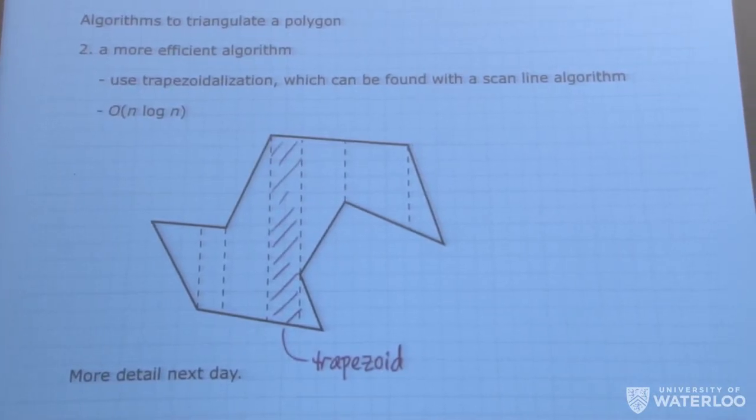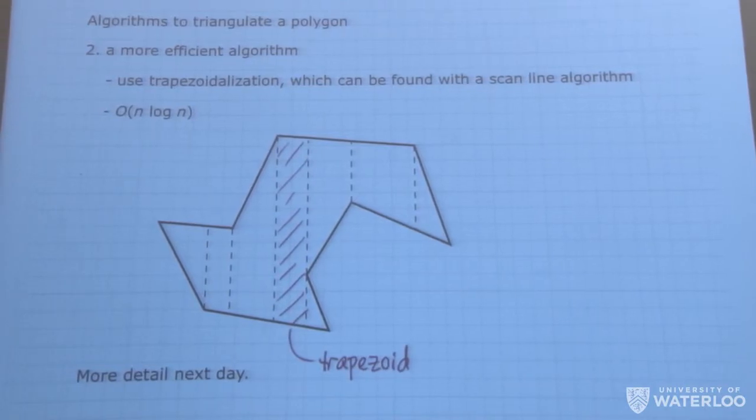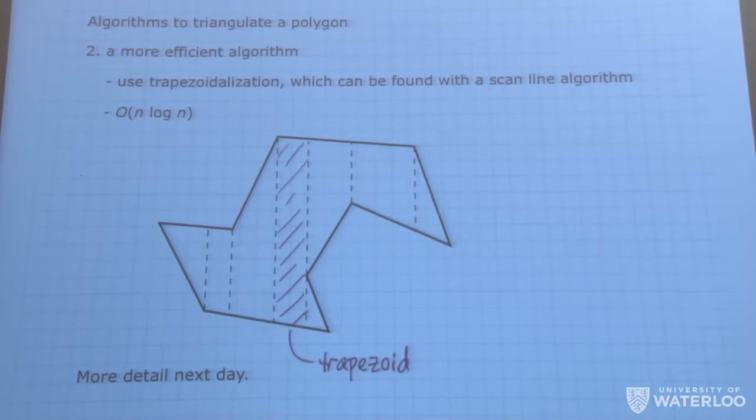What I would, in an actual lecture, point out is that there is a more efficient algorithm, and that's a thing we would spend more time on. There's an n log n algorithm, the first step of which is to do something that doesn't seem related to triangulations, which is to cut the polygon via vertical lines into trapezoids. So more details on that next day.